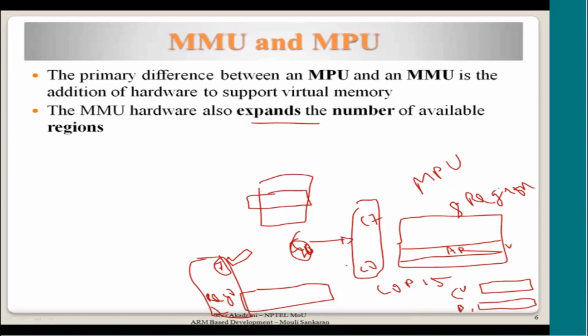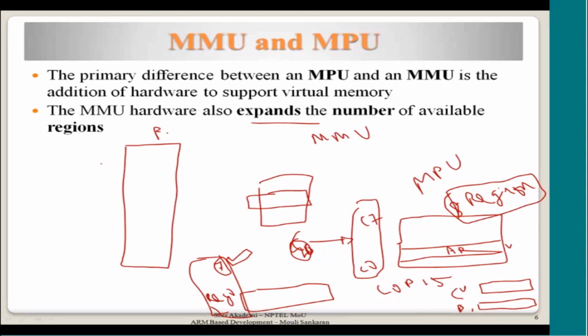If we continue to have 8 regions with the support of MMU also, then it is not possible to support many tasks. I said multiple tasks can be run. In the MMU we are bringing in because we want to run multiple processes. And when I say multiple processes, they will have multiple pages: code, stack, data.